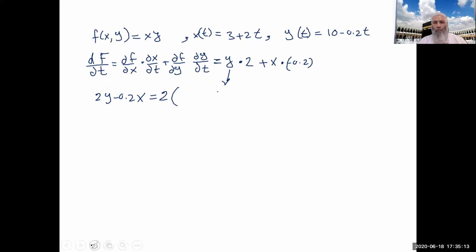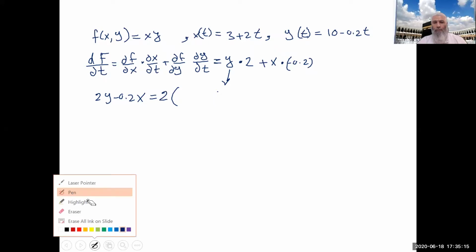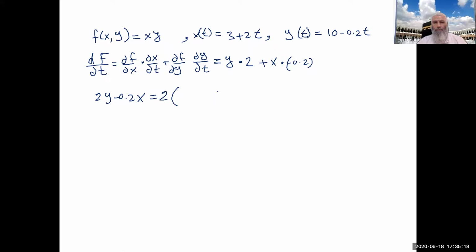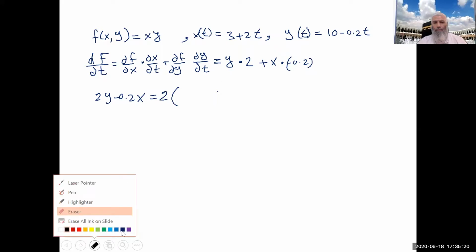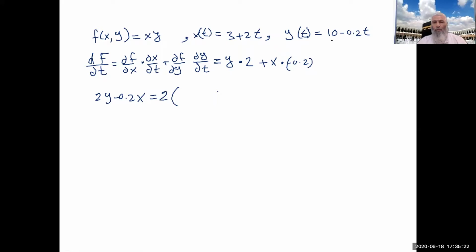So y is 10 minus 0.2t, and minus 0.2 multiply x, which x is this. I write here, it is 3 plus 2t.